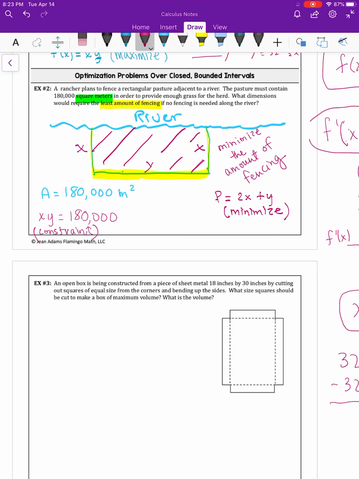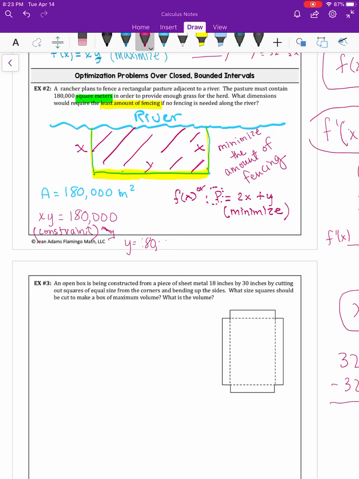Now, when we go to minimize something, we've got P as an unknown, x as an unknown, and y as an unknown. When you're doing optimization equations, you can't have three unknowns. If I made this P f of x, I would want to get rid of my y because I want my function all in terms of x. Right now it's 2x plus y, which is not all in terms of x.